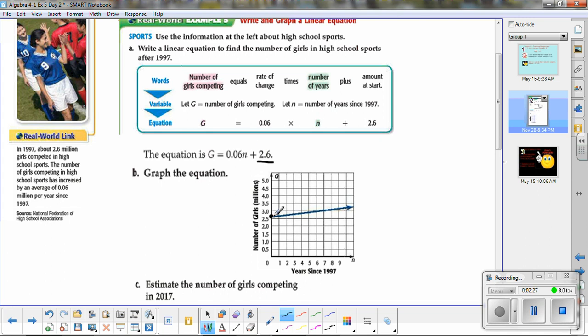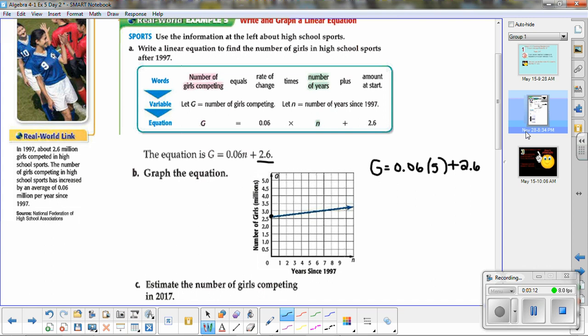That's going to be kind of hard to graph on here just by doing rise over run. It's going to be hard to go up 0.06 over 1. So you may want to just choose some different numbers for years. Plug it in and see what you get. Like maybe let's try 5 years. If I plugged in 5 years, the number of girls is going to equal 0.06 times 5 years plus 2.6.